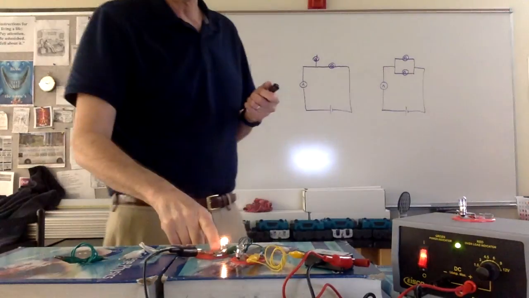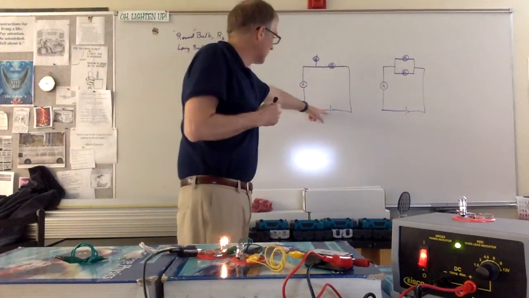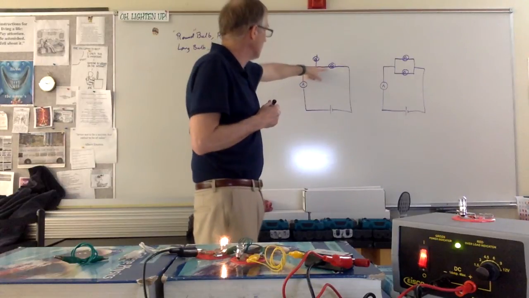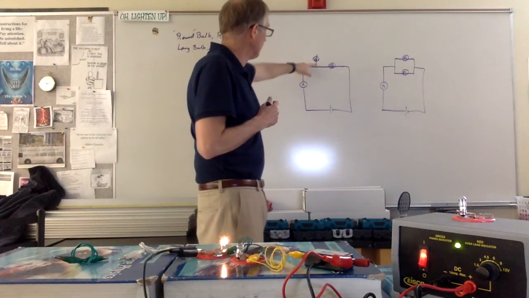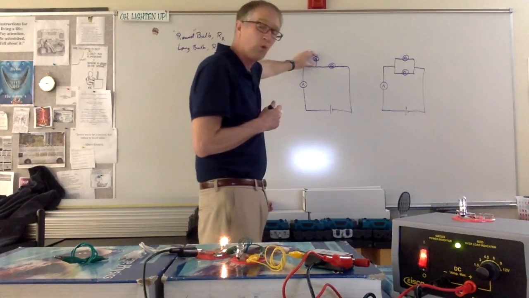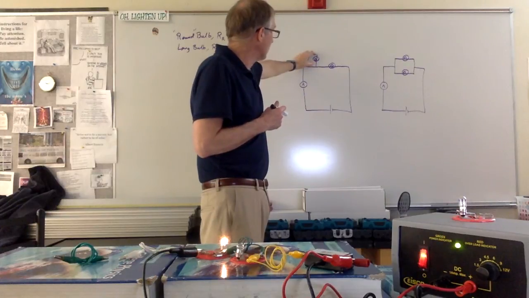So this is the second bulb right here that's lit. This is the first bulb. So if this is at 1.5 volts, then that's at 1.5 volts, and that's at 1.5 volts, which means this right here is at 1.5 volts. The whole first bulb is at 1.5 volts. But it's at 1.5 volts on both sides.